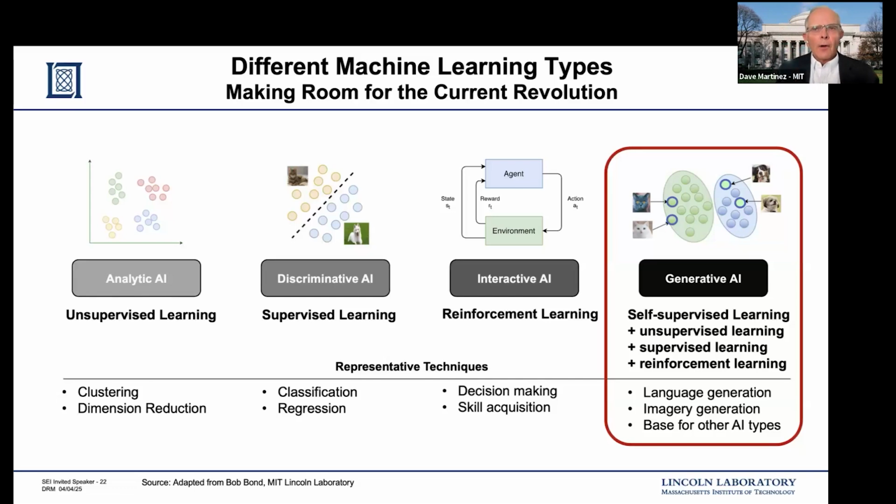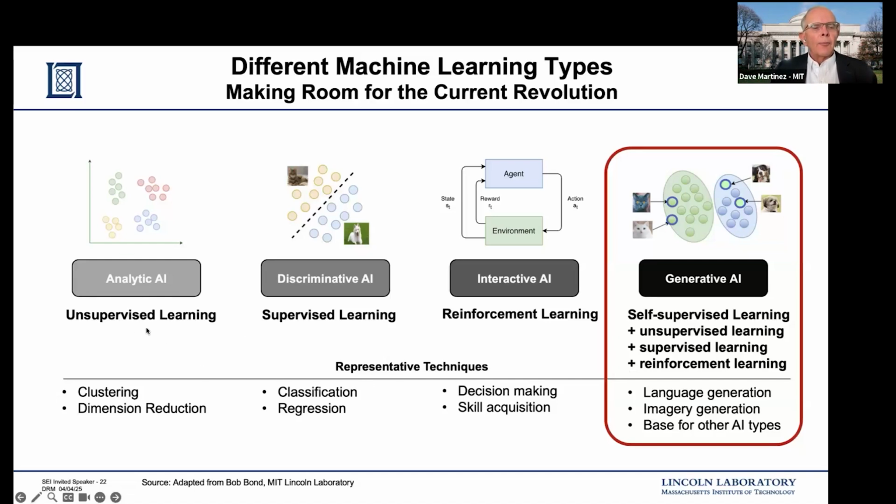All of you that are involved with large language models know that there is a step in the last stages of the design of a large language model called reinforcement learning from human feedback. That's the very reinforcement learning that deals with establishing a policy, establishing a reward, and then leading to an action. So therefore, you can see these four classes here with generative AI. It leverages much of the many decades of great work that has been done across the world on all of these.